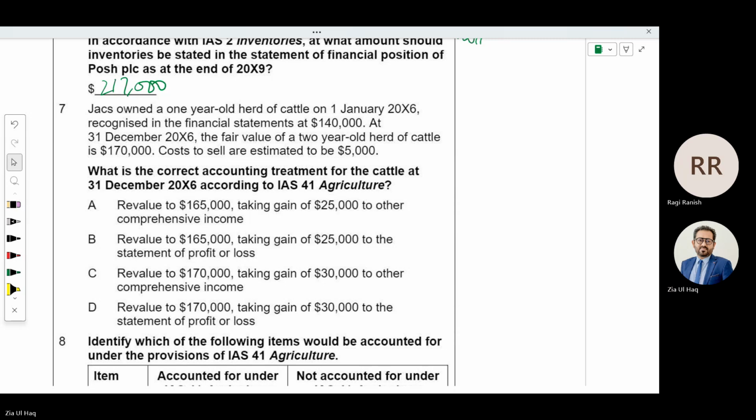B. B. Mister B. Ragi, what is it? B. Mr. Hassan, what is the answer?